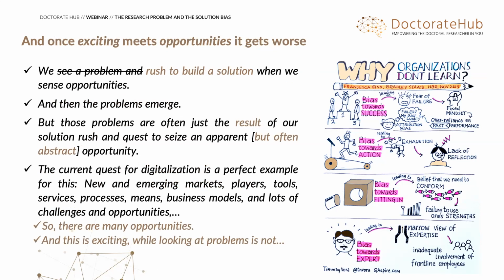And worse than excitement is once excitement meets opportunities. We see a problem and rush to build a solution when we sense opportunities. Think about it. Digitalization, Internet of Things, artificial intelligence, deep learning, right? So many opportunities. We need to be quick there. We need to seize them.